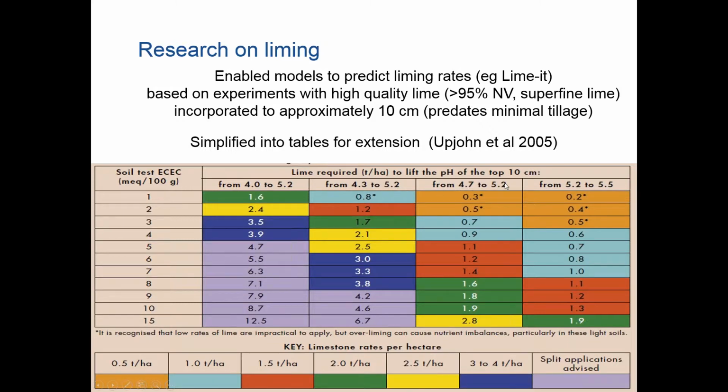Now, 5.2 was the traditional target in the early work with liming, because once you get over 5, you decrease the aluminium toxicity. So the major problem with acidity is actually gone once you get up over 5.